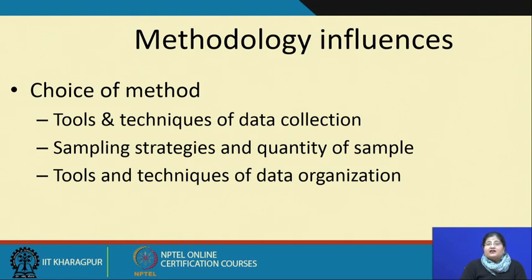Tools and techniques of data organization. Depending on the kind of data you collect and the volume of data you collect, your data organization will be influenced by how well or how thoroughly you conduct your methodology. So, this class, you will say, is only about research writing. When we write about research, the way you present it will help you justify each of these things.